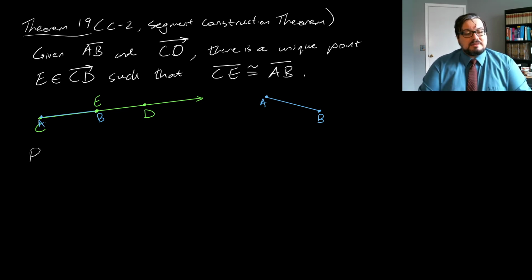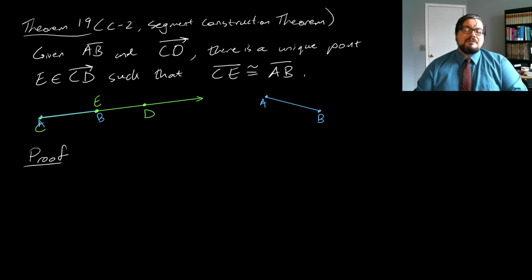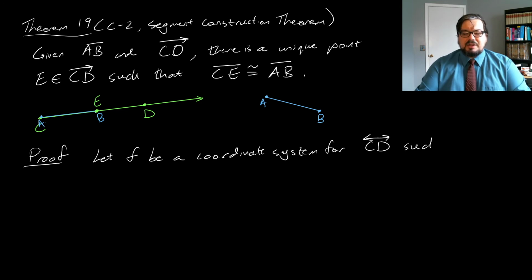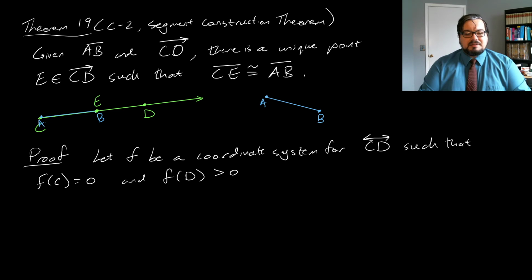The proof is not too difficult, but a lot of that actually depends on the fact that we've spent a bit of time developing the ruler postulate, the ruler placement theorem, and so forth. So we want to start off with the following. Let f be a coordinate system for the line CD such that f(C) = 0 and f(D) is positive.